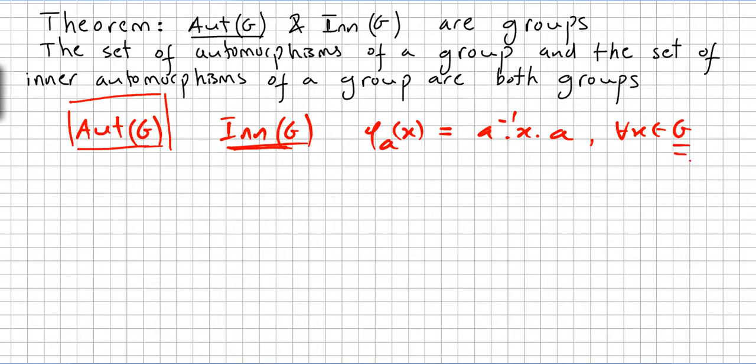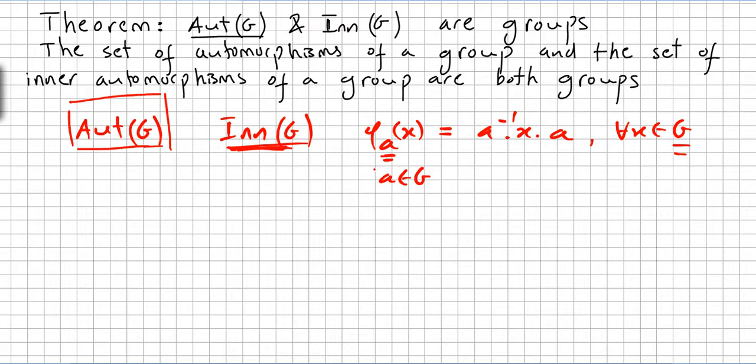So let G be a group and A be in G. The function phi A defined this way, phi A of x equals A inverse times x times A for all x in G, is called an inner automorphism of G, induced by A.